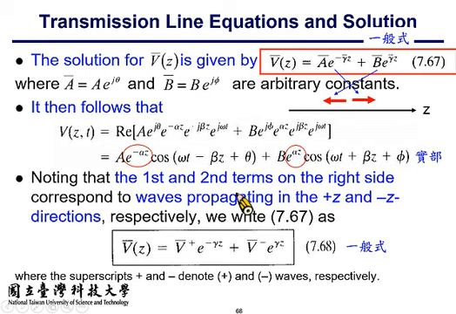So that's also consistent with the fact that the signal on the transmission line, the energy dwindles. The energy becomes smaller and smaller as it propagates along the transmission line.